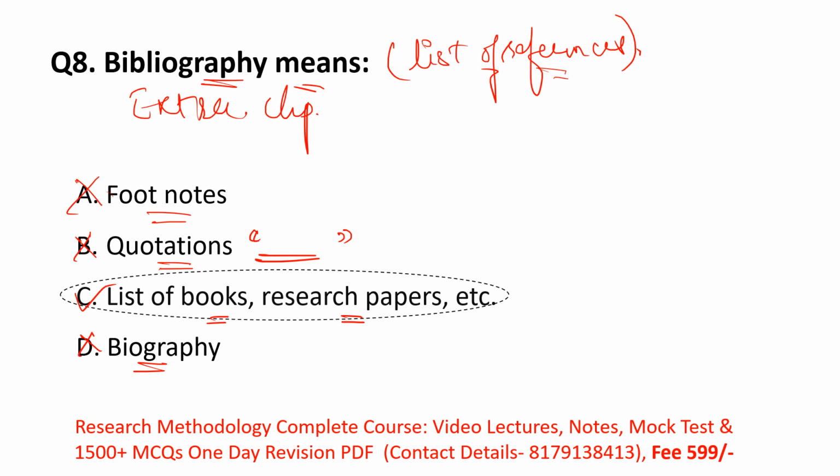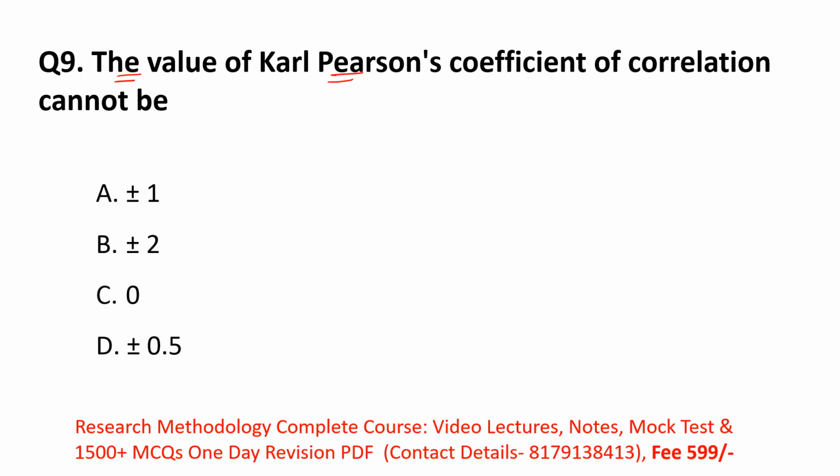Next, the value of Karl Pearson's coefficient of correlation cannot be. What they are asking is which of the following values cannot be a Karl Pearson coefficient value.